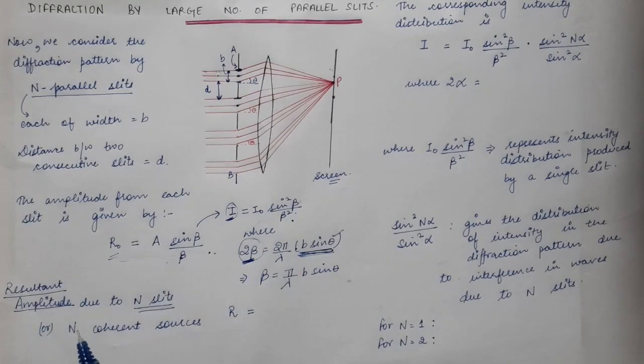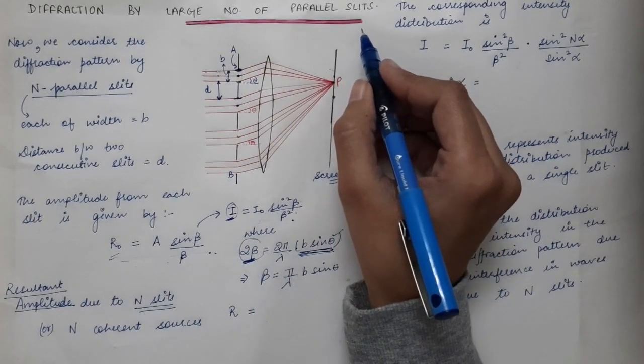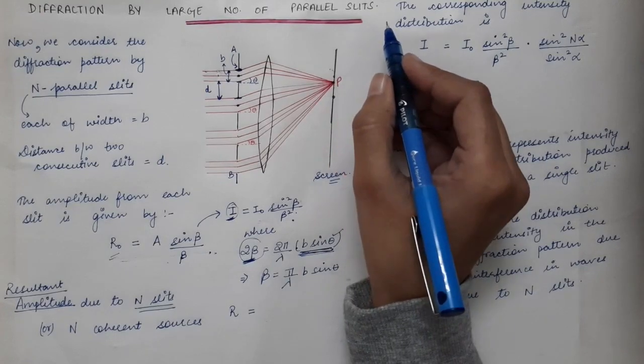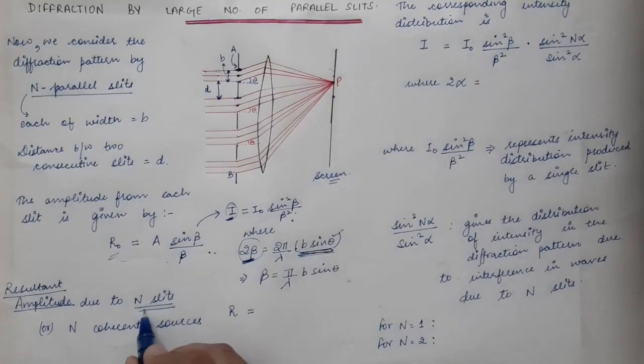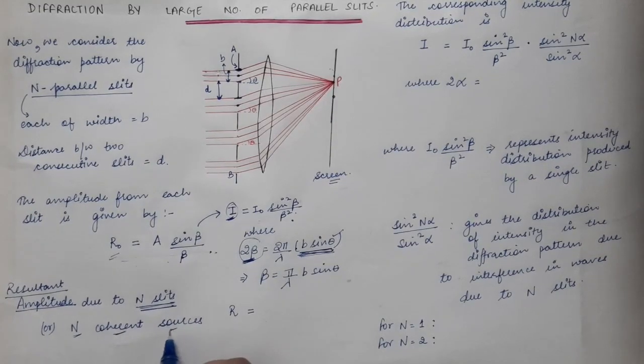In the case of Young's double slit experiment, we said that the two slits act as two coherent sources. So over here also, instead of n slits, we can say that these are n coherent sources.